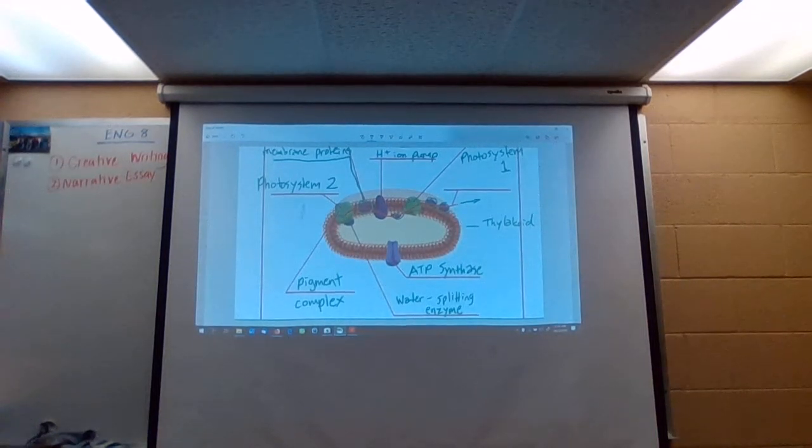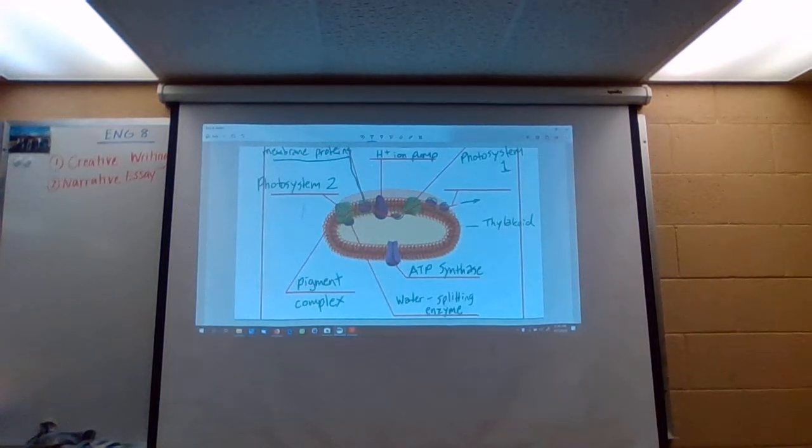Like when we did our lab, we worked with lactase, which is an enzyme that breaks apart lactose. All right, ATP synthase, synth just means make. So this, as you can derive from the name, makes ATP. Because remember, the thylakoids supply ATP to the Calvin cycle. So they have to make it in order to give it to the Calvin cycle. So that's where that happens.